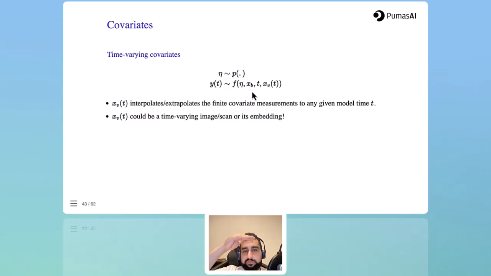So I can have the embedding vector at time 0, embedding vector at time 5, embedding vector at time 10, and then I can do some interpolation as well, and then treat this as a time-varying covariate of images, or of the embeddings of images. So you could really get creative with the definitions of these conditions or covariates.